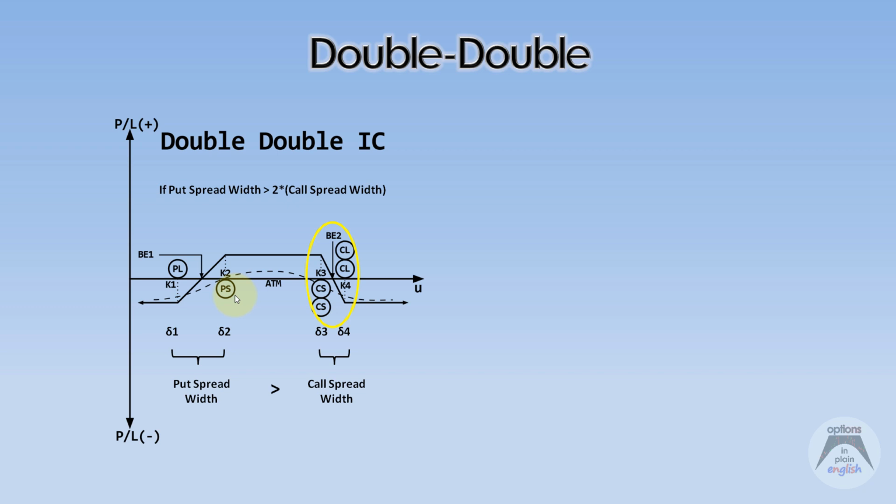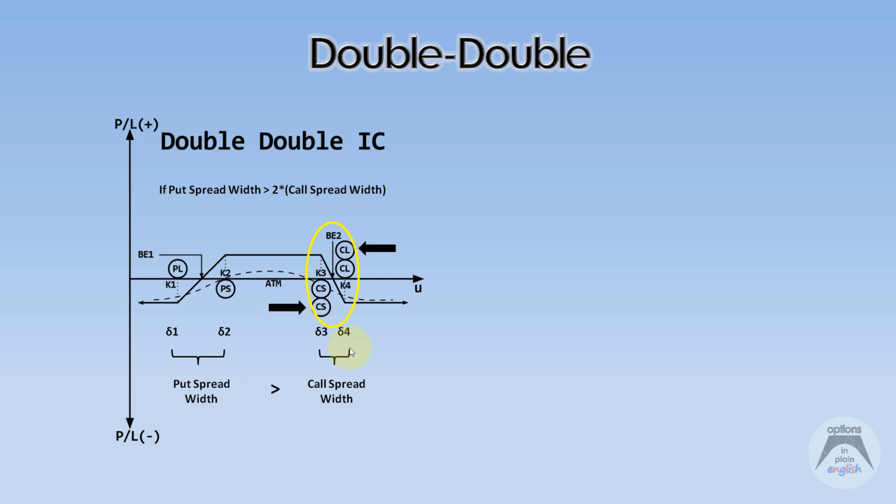You get additional credit from an additional short call spread, and the utilization of capital is going to be higher. The return on capital is going to be higher because you're not going to be using any more capital. The capital is based on max loss, and the max loss is still the same because this width is, like I said, at least 2 times wider or greater than this call spread width.